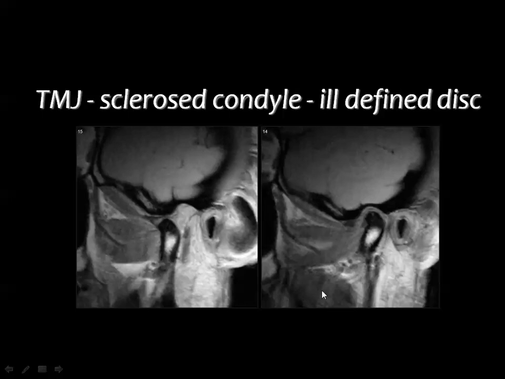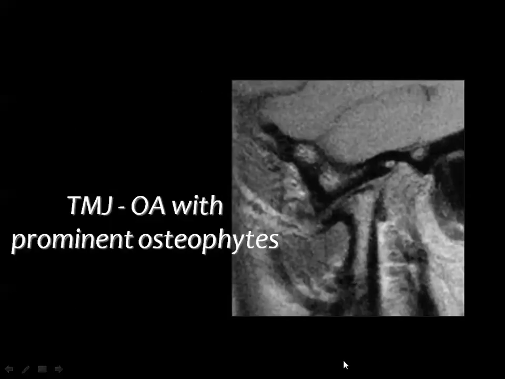And here, in the closed mouth position, you feel that the disc is displaced anteriorly, and here it may be recaptured. You can see that it has been reduced to its normal position, but the disc is of abnormal signal. And this is advanced osteoarthritic changes by MRI.